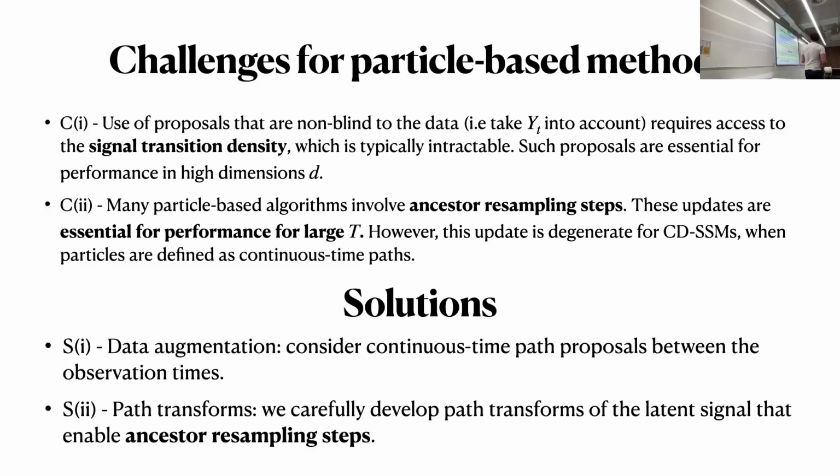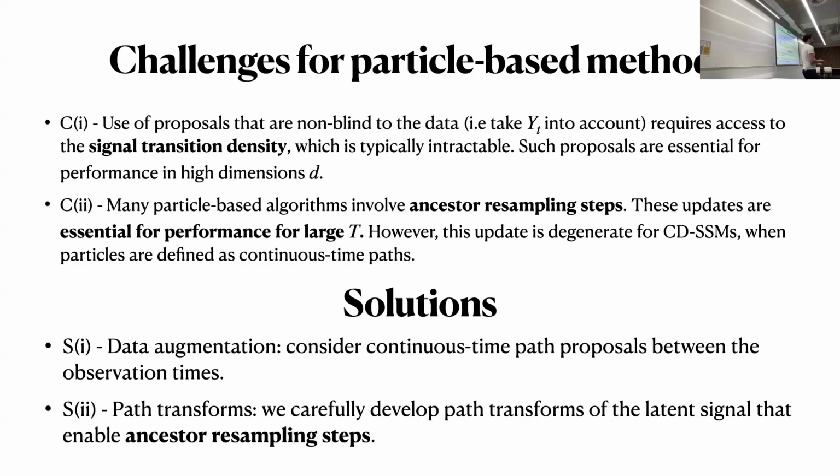Okay, so the second part is to do with path transformations. The problem itself is that many particle-based algorithms involve ancestor resampling steps. What these ancestor resampling steps do is they carefully change the ancestors after the particles have been sampled in the particle filter.